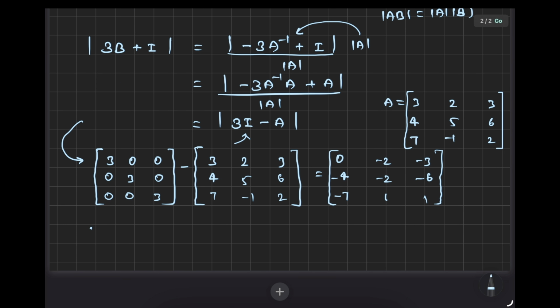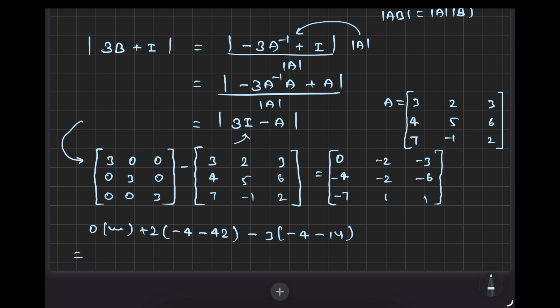So let's do that. So 0 times anything is 0, minus minus 2 will become plus 2, and then we have minus 4 times 2, minus 3, and then minus 4 minus 14.